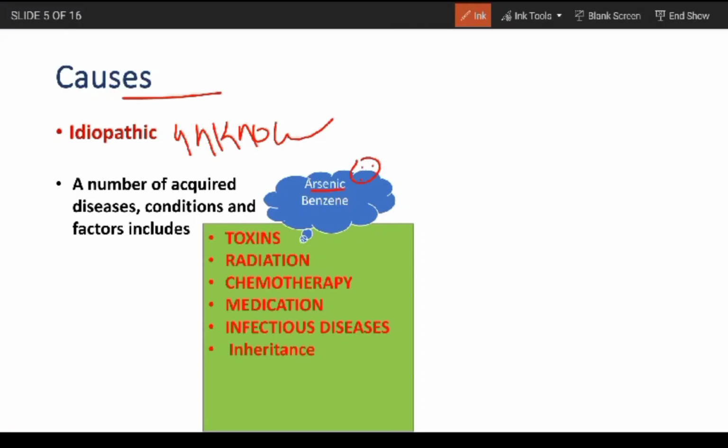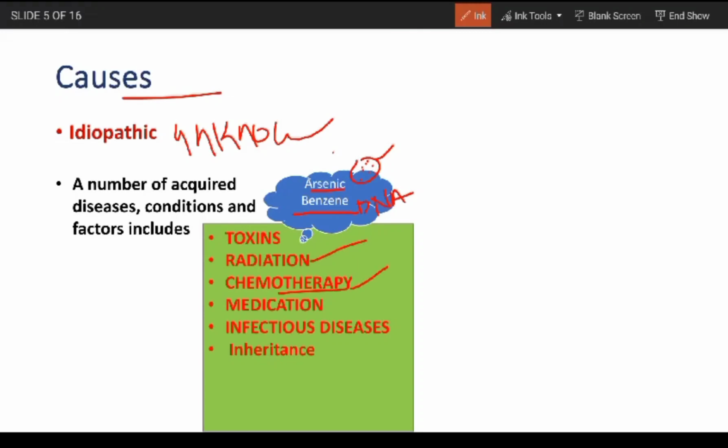Okay, hope you get it. Exposure to benzene may compromise the immune system and contribute to damage to DNA in hematopoietic cells.